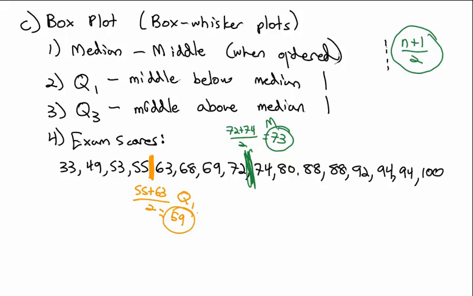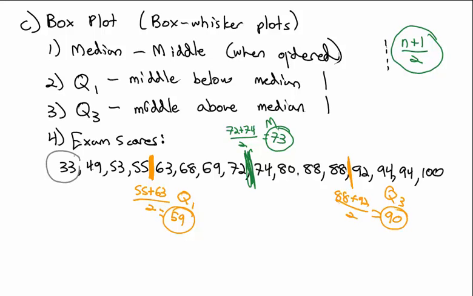That's going to be our Q1. So Q1, quartile 1, 1/4 of the data is below 59. 3/4 is above. Similarly, on the top half, again, there's 8 values, so it'll be between the 4th and the 5th value. So again, we do 88 plus 92 divided by 2 is 90. So that's our 3rd quartile.